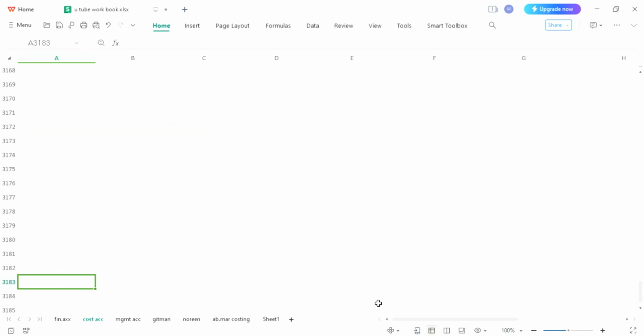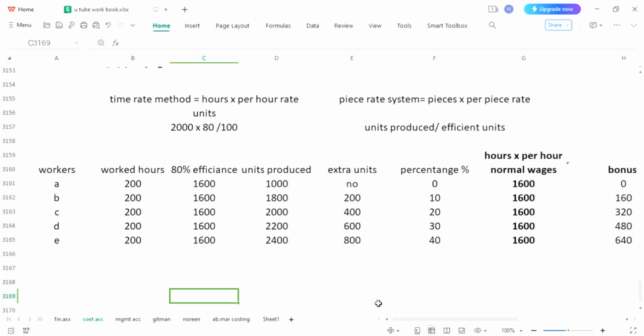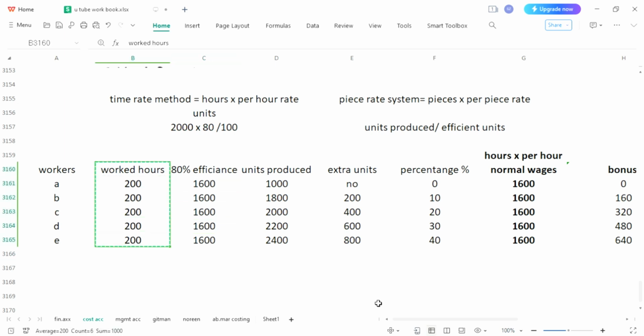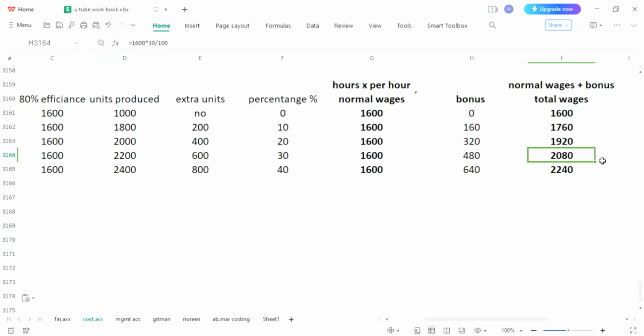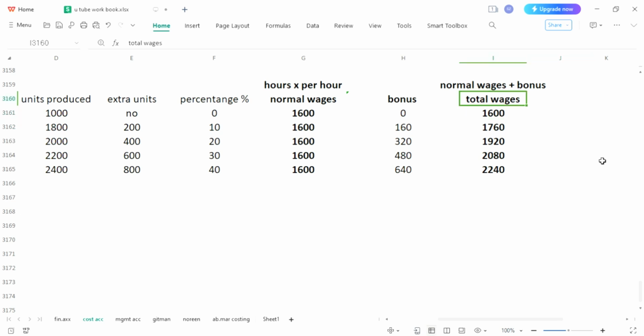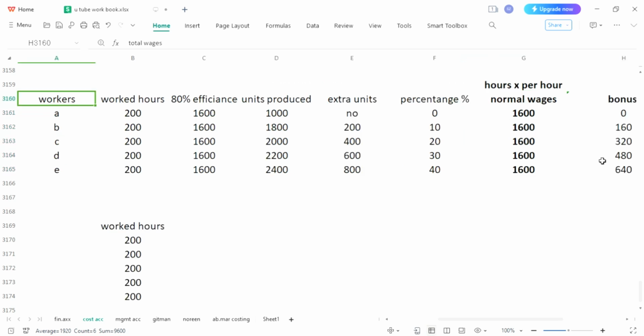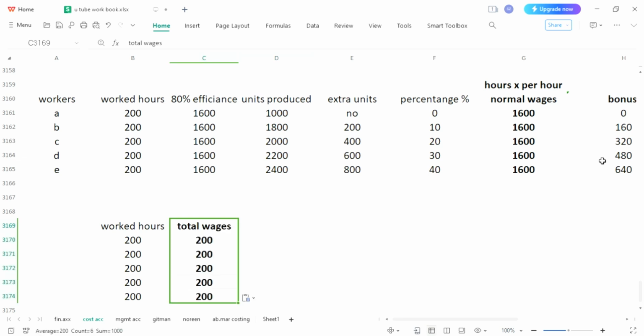So we will calculate hourly rate. For that we need two columns, and since Excel is easy for me, I will just hide these headings over here. Hours worked were 200 and their total wages. This is the second column which I would need, and I am taking it to the other side, and here you will get total wages.